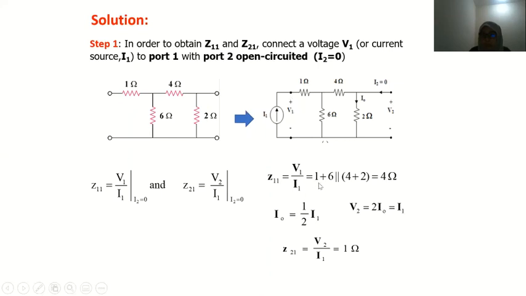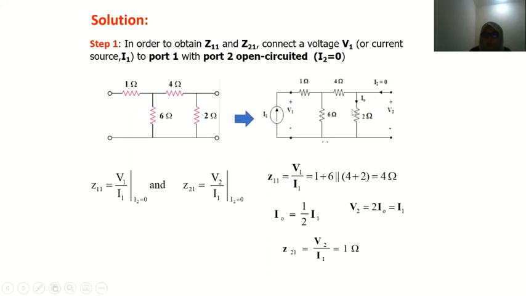So this 4 plus 2 resistor is in parallel with your 6 ohm, but in series with your 1 ohm resistor. So this total Z here is equivalent to 4 ohms. But remember that your I2 is equal to 0.